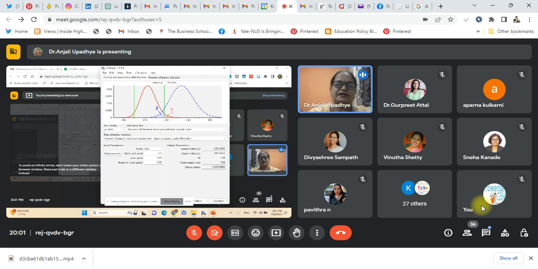Here we are using the chi-square test. That means all the variables or all the responses we selected are categorical variables, meaning qualitative variables. Whenever qualitative variables are there, the data is measured in terms of scales. Those scales may be the Likert scale, semantic differential, or Thurstone scale.